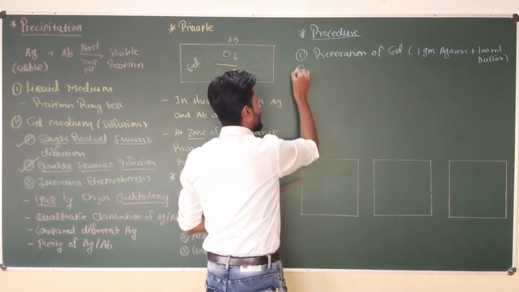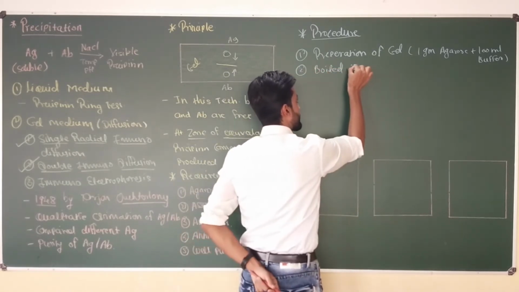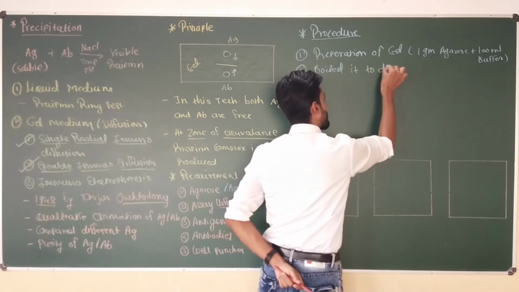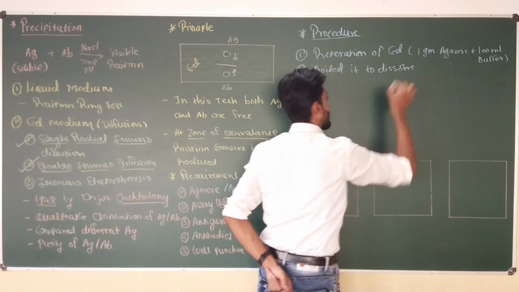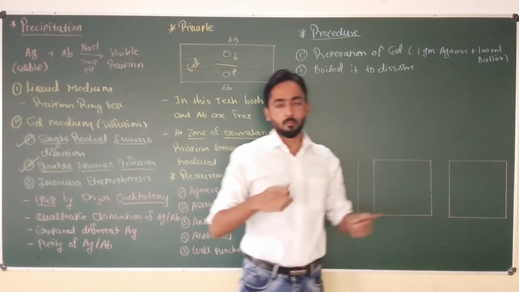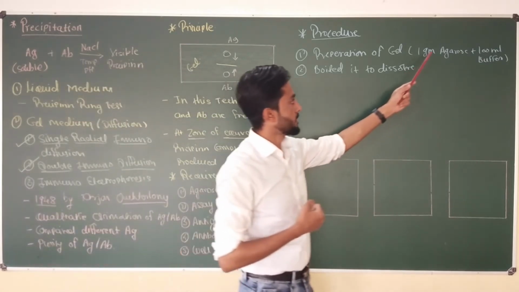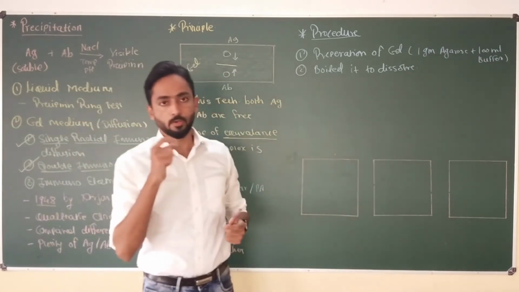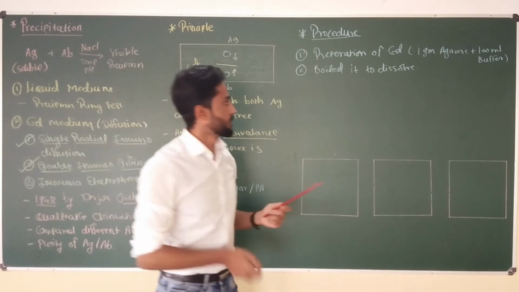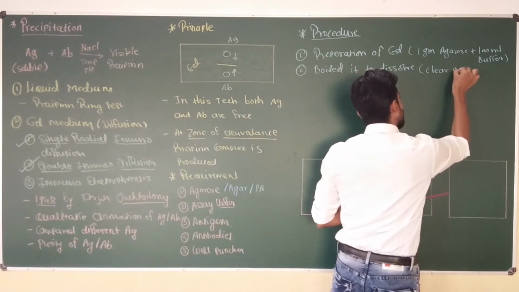So you have to boil it to dissolve. After mixing 1 gram agarose in 100 ml buffer, boiling is done, and during the boiling the agarose will get dissolved in the buffer, so that you get a clear solution.